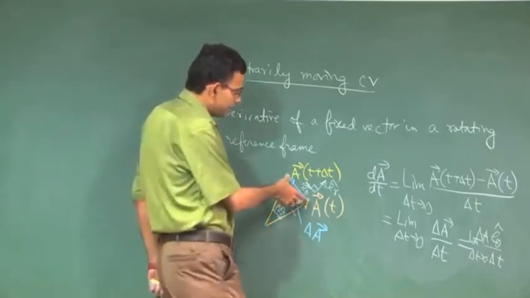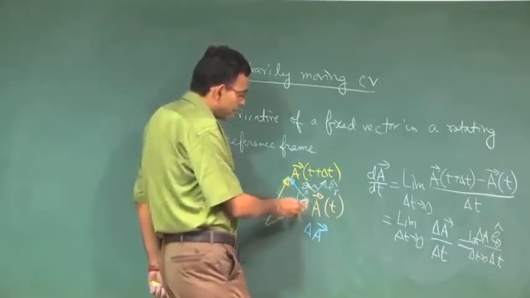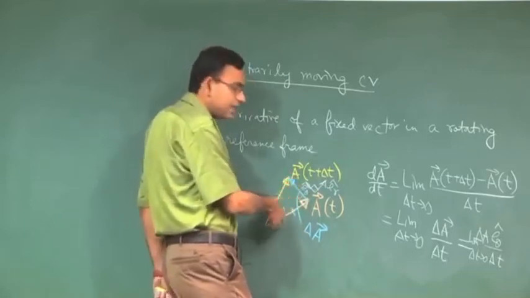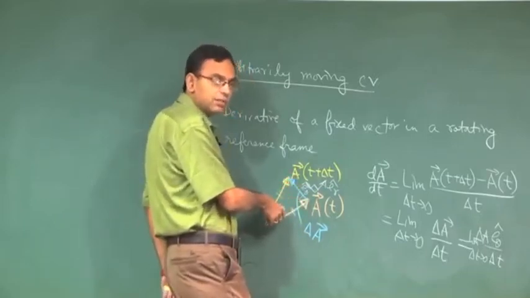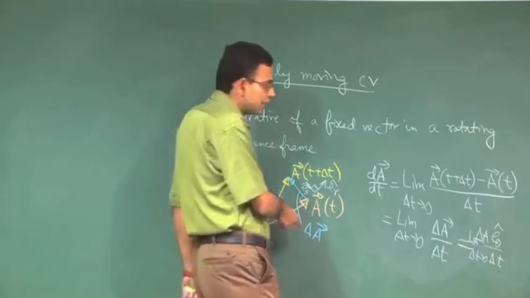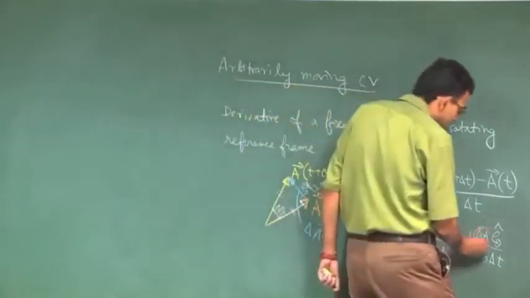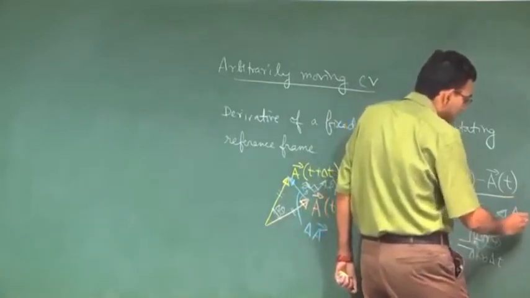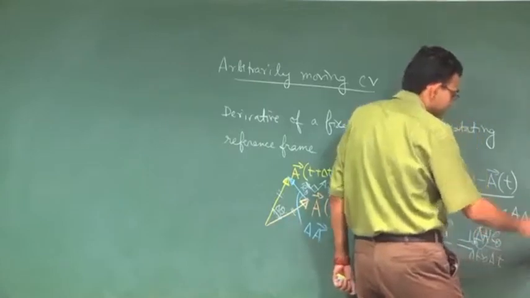If we consider this angle to be roughly 90 degrees, delta A by A is tan of delta theta, and because delta theta is small, tan of delta theta is as good as delta theta. So delta A will be A delta theta.